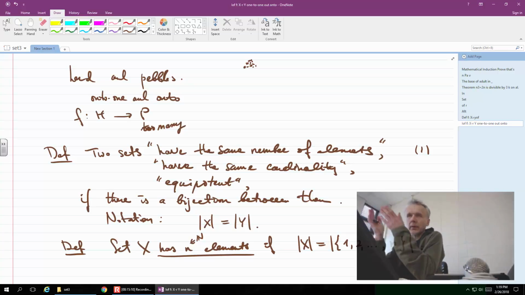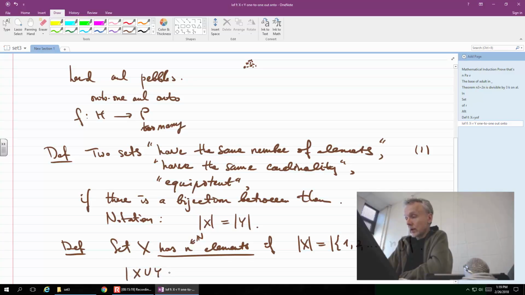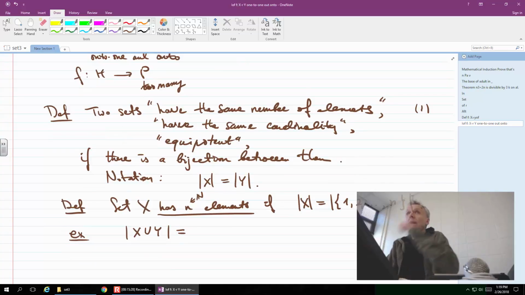So for example, if you have two sets and you add them together, what is this? X union Y. The cardinality, or the number of elements in the union of two sets.